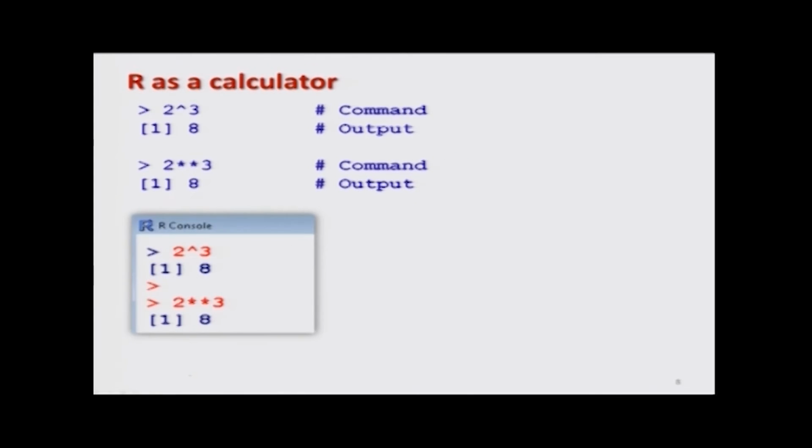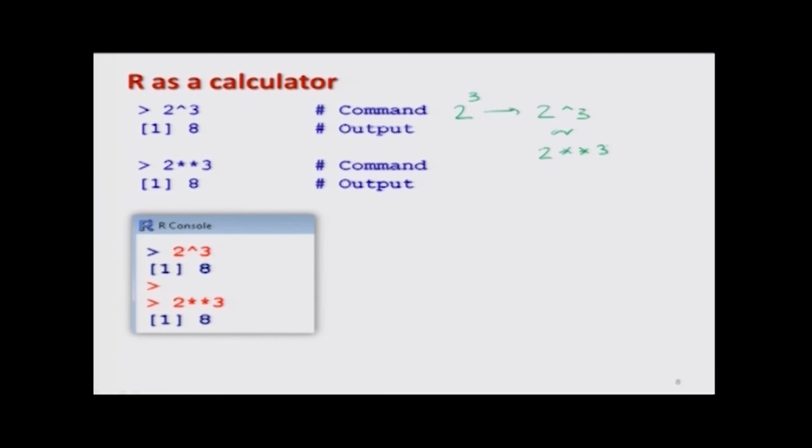Now, similarly, if I want to find 2 cube, there are 2 options. Either I can write 2 hat 3, or this can be written as 2 star star 3.